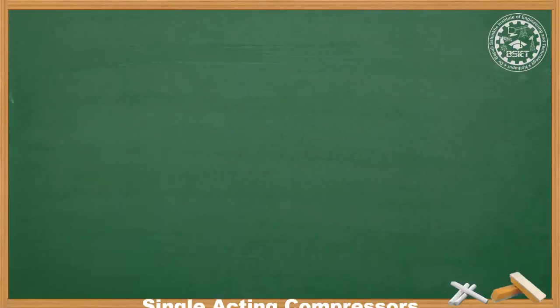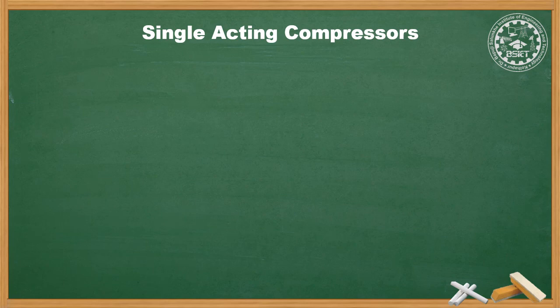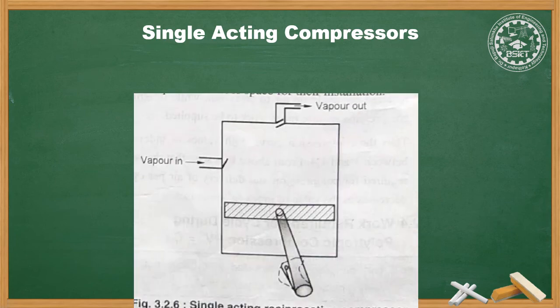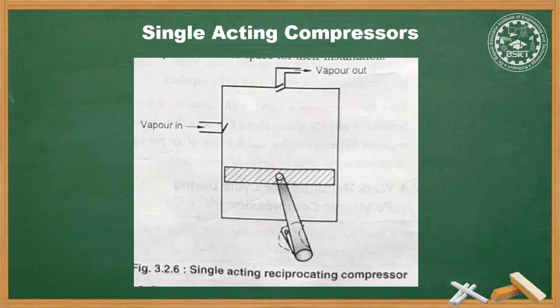Next is the single acting compressor, also known as the single acting reciprocating air compressor. Single acting reciprocating air compressors are always vertical, as shown in the figure below. The piston is directly driven by the connecting rod and the crankshaft enclosed in a crankcase which is high pressure tight.